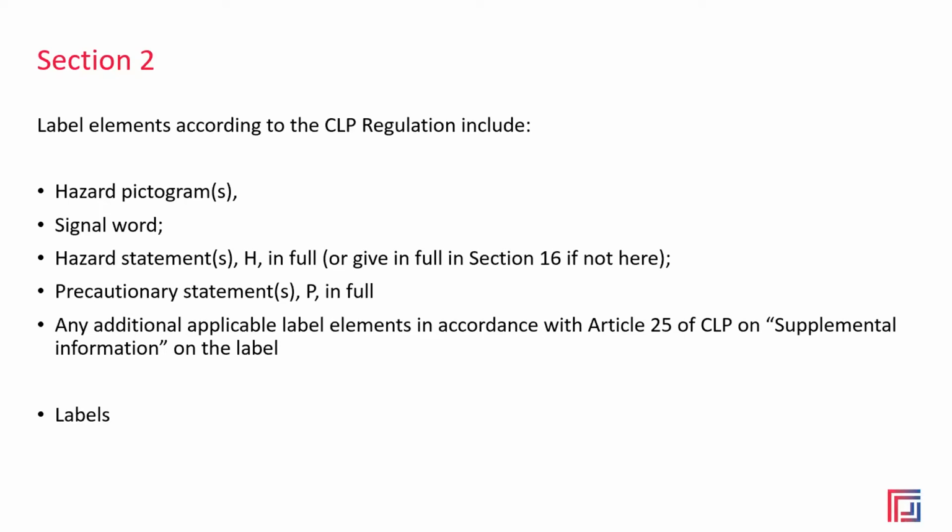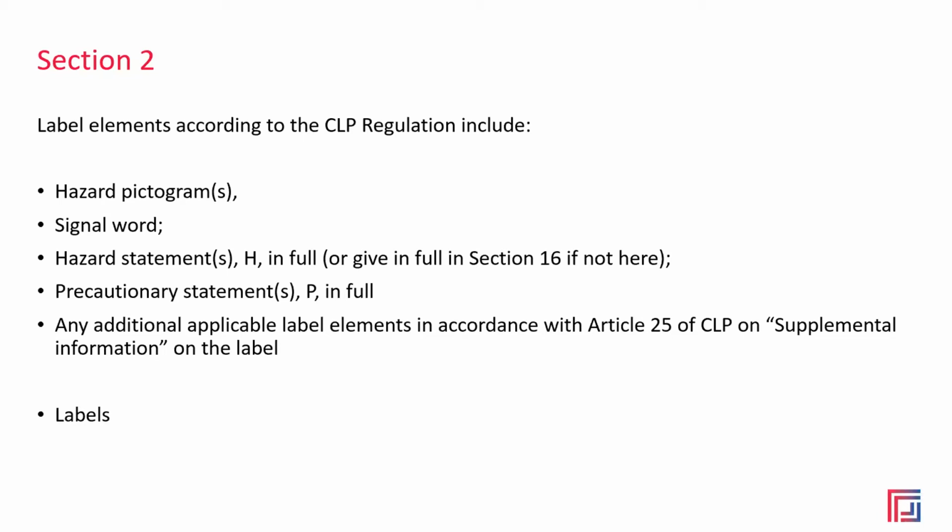For this requirement, there isn't any transitional period after the 1st of January. So your companies need to update your labels and comply with the requirements of Great Britain CLP. Companies must classify, label, and package the substances and mixtures according to GB CLP regulation before placing them on the market.